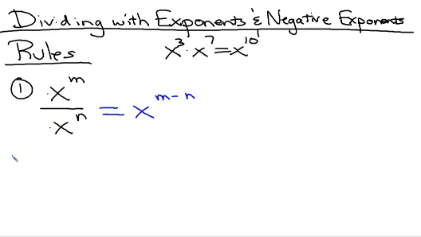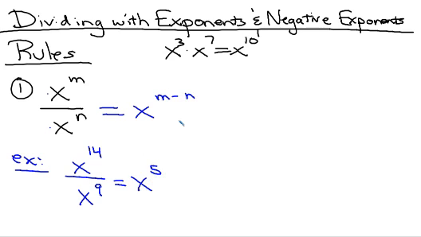So, for example, if I had x to the 14th over x to the 9th, I subtract the exponents, and that would be x to the 5th. Let's look at another example.